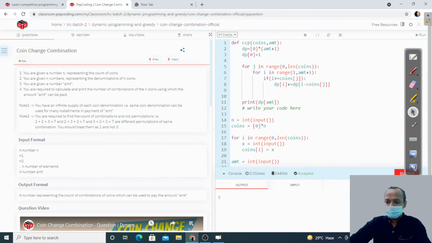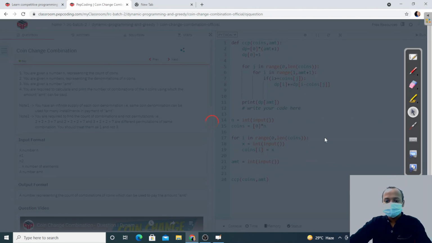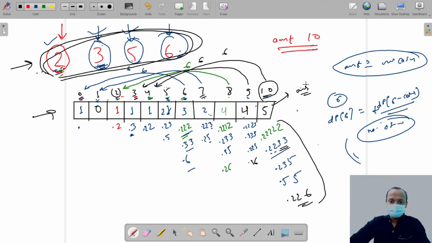It's accepted. I hope you all get how we do it. We are adding every value: first we get the value from this coin, then this, then this, then this, and we update our answer at this point.